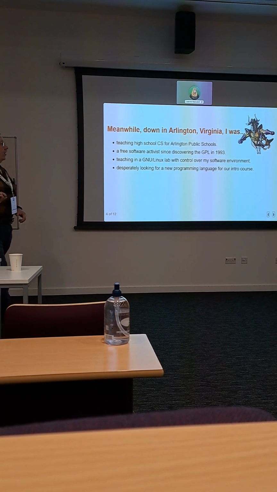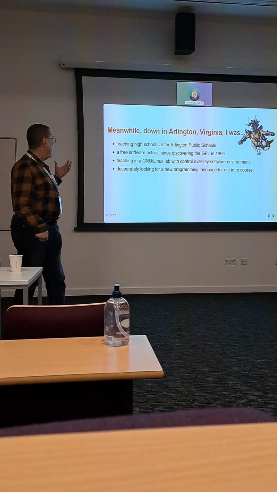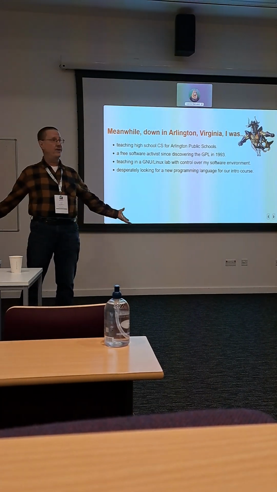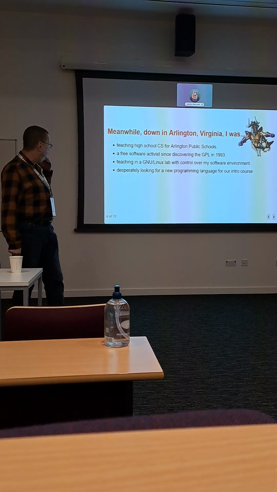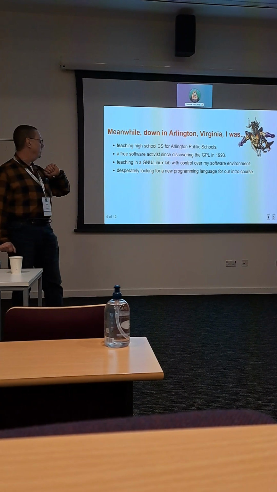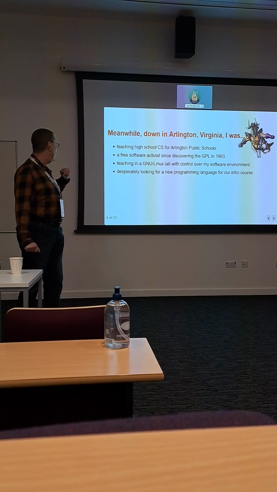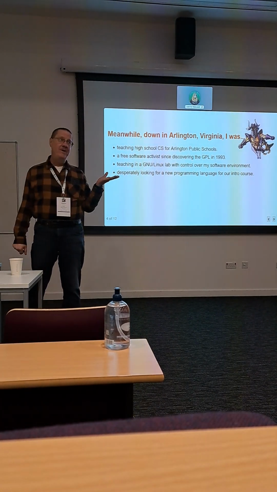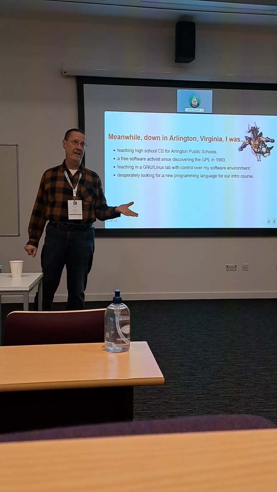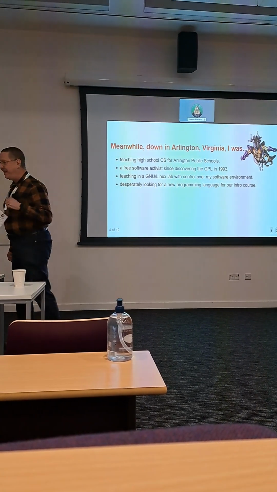Meanwhile, down in Arlington, Virginia, I was teaching high school computer science for Arlington Public Schools. And I was confronted with a problem. I already mentioned the GPL and my love for free software. I was desperately looking for a new programming language. And I'll explain why.